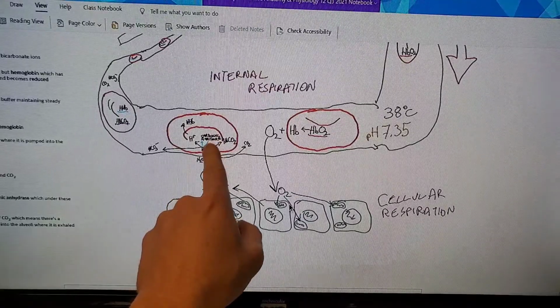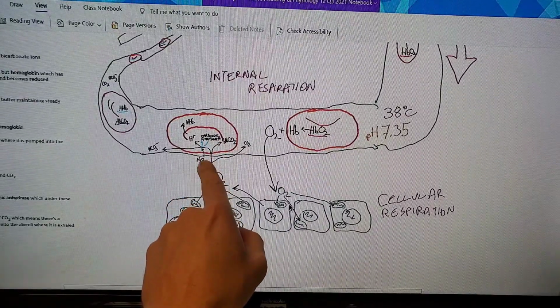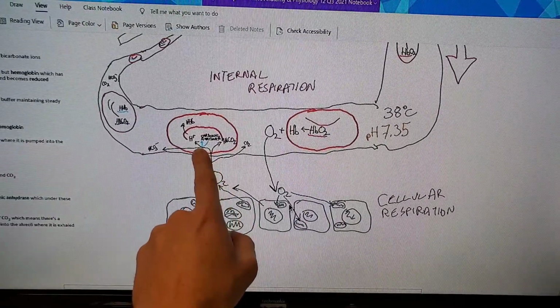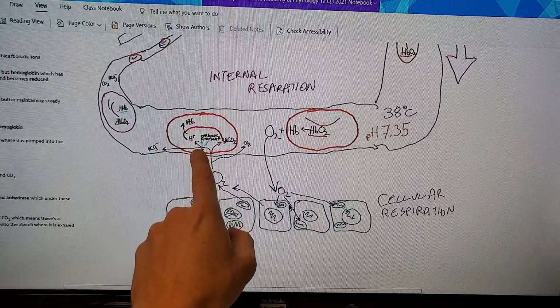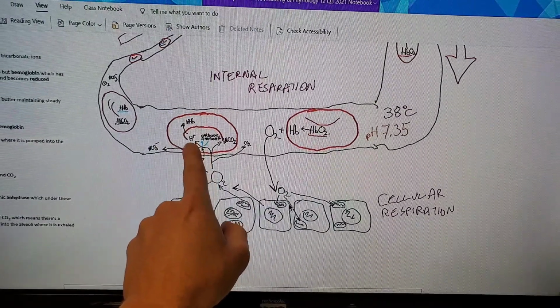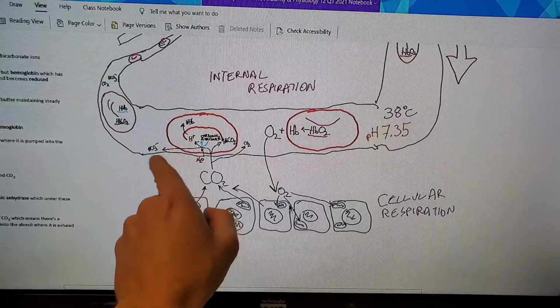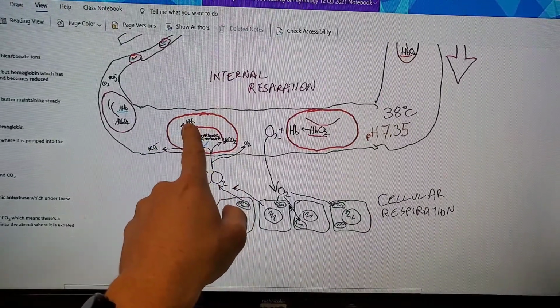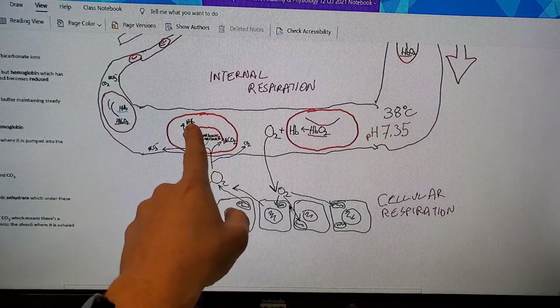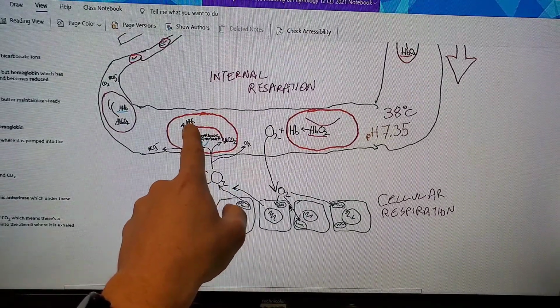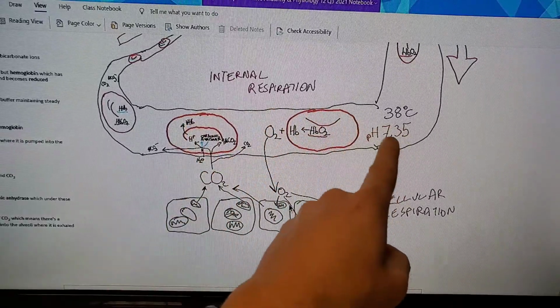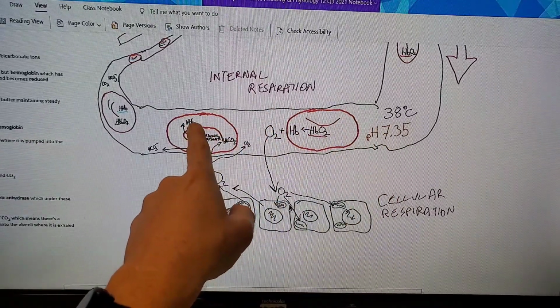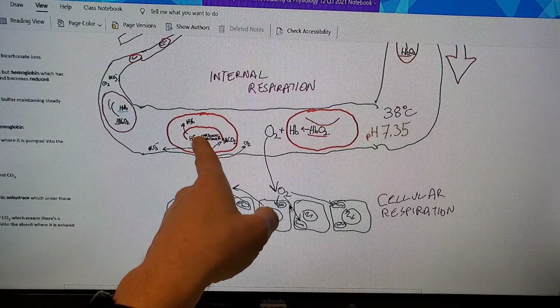So on the membrane, carbonic anhydrase is taking water, it's taking the carbon dioxide, and it's turning it into acid, which then quickly dissociates into these hydrogen ions and bicarbonate ions. And then immediately, without hesitation, hemoglobin in these conditions really, really likes those hydrogen ions.